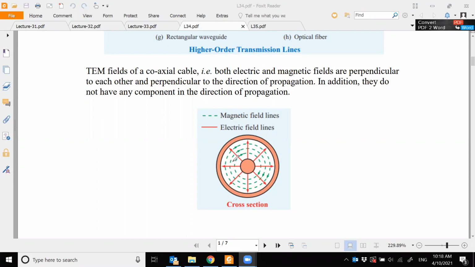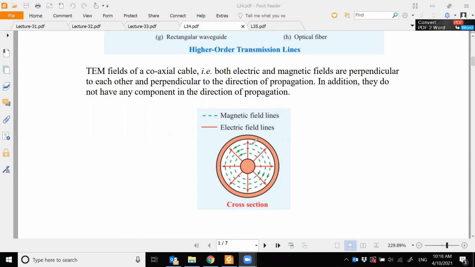Now, whatever we have studied in electrostatics and magnetostatics also holds in the time varying case, where my electric field will be changing directions because of the alternate change in my source polarities. And the magnetic field will also change directions.